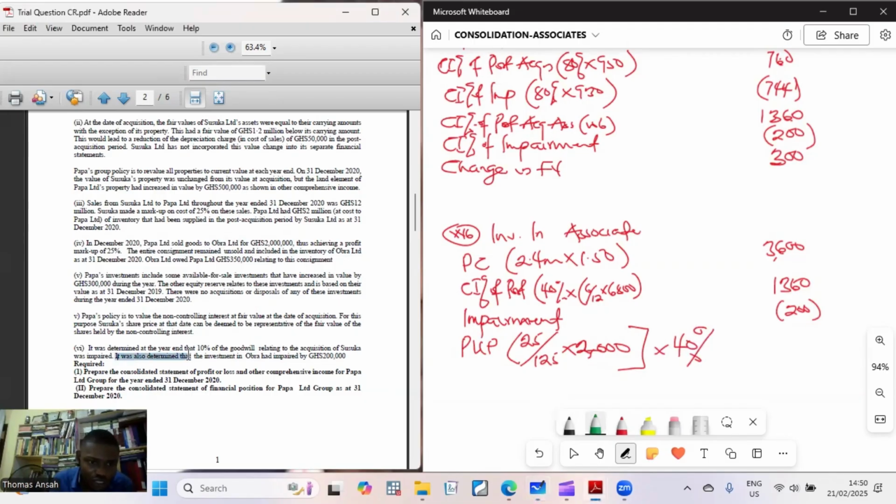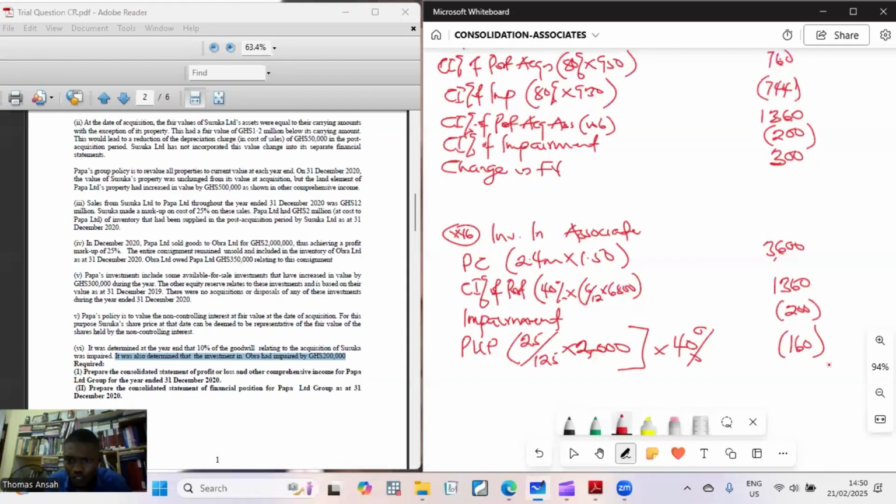Listen to the English. It was determined that the investment in Obra was impaired, his investment in Obra. If it was the entire Obra that had impaired, we would have also done 40% of that. All right. So this one will give me 160. So basically, that is that.